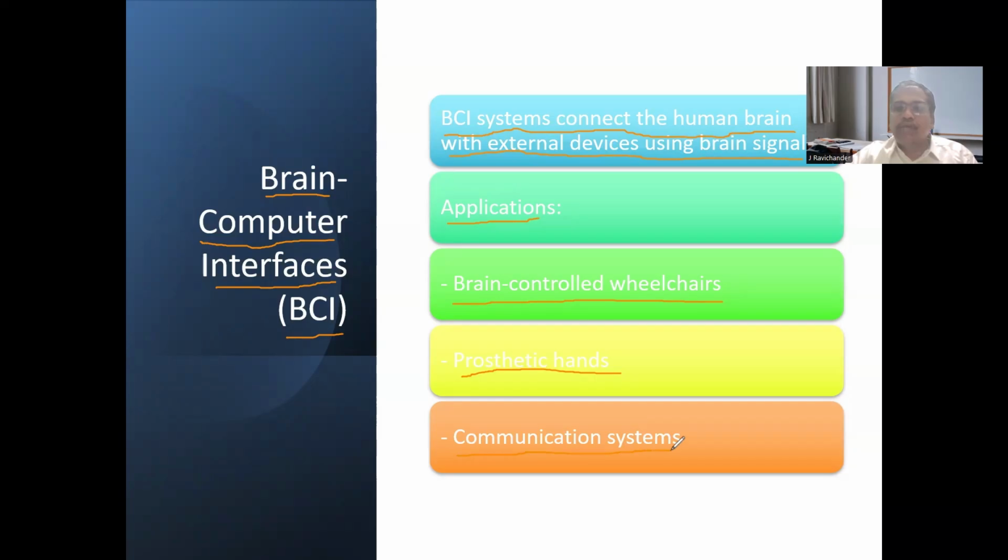BCI stands for brain-computer interface, where the brain signals are acquired using EEG. That signal will be translated into commands. This is one of the upcoming research areas.